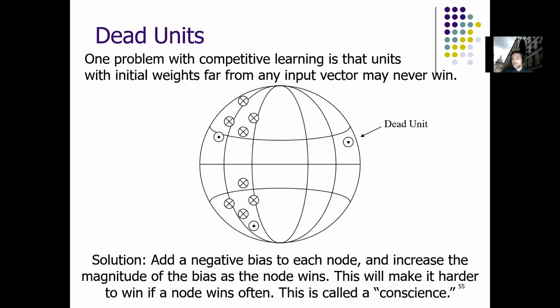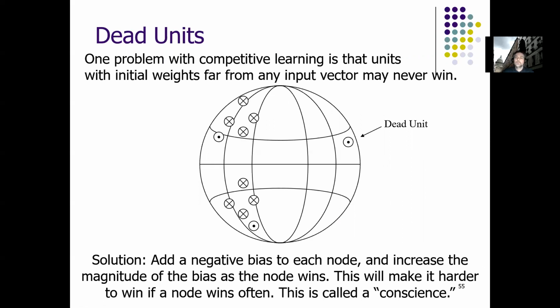If there is a problem, then you may end up with situations like this one. In this case, you may have initial weights which are very far away from data points, which means that some nodes may never win. So you have what we call dead units. Okay. There are ways in the literature to sort out this kind of unpleasant situation, obviously.